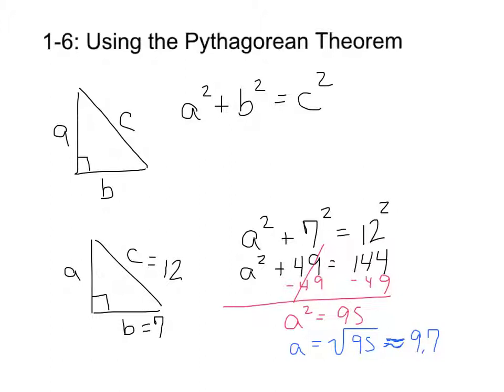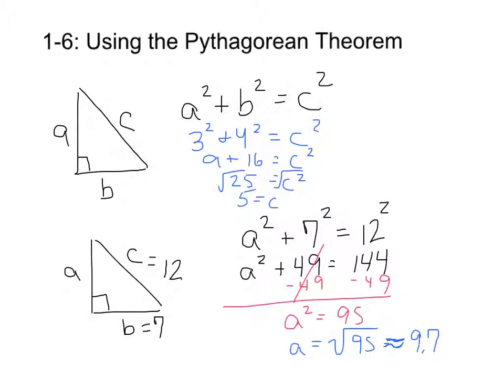So the key part here, and the one thing that's different from the last section, is that instead of just working out something like 3 squared plus 4 squared is equal to c squared, 9 plus 16 is equal to c squared, and 25 equals c squared, taking the square root of both sides, so c would equal 5.